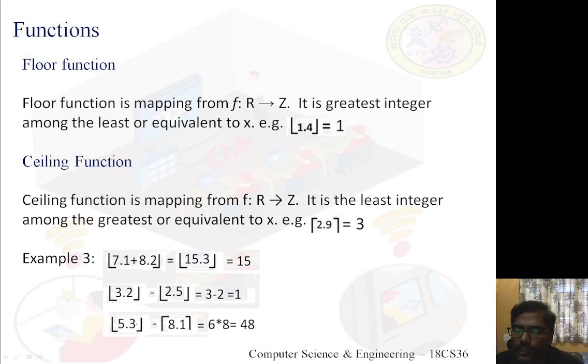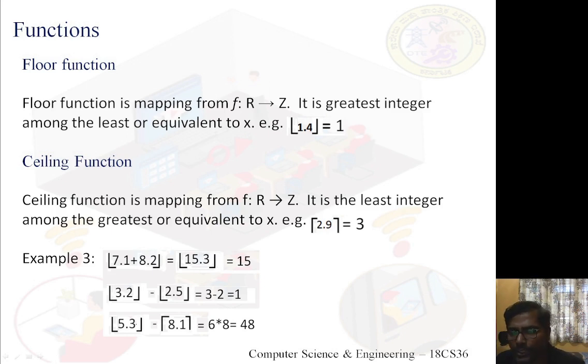Now, let me have a look at the second example. It's the floor function of 3.2 minus the floor function of 2.5. So first let me obtain the value of the floor function of 3.2 and the floor function of 2.5.